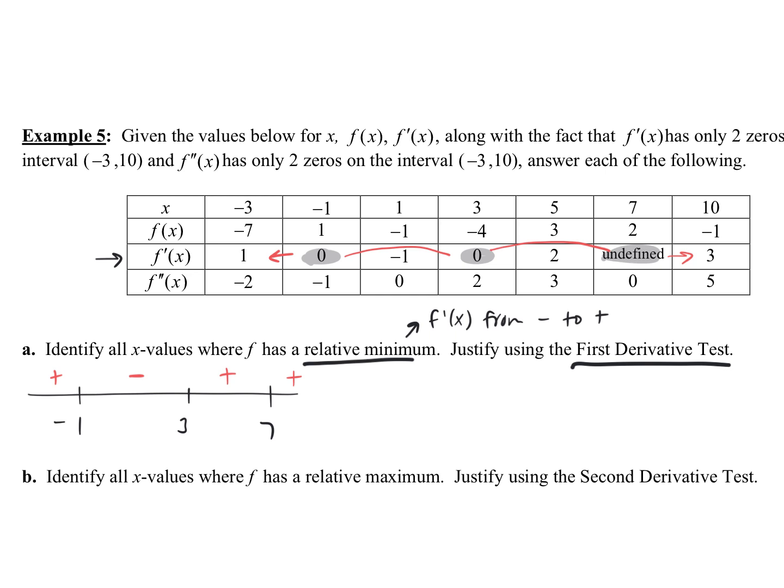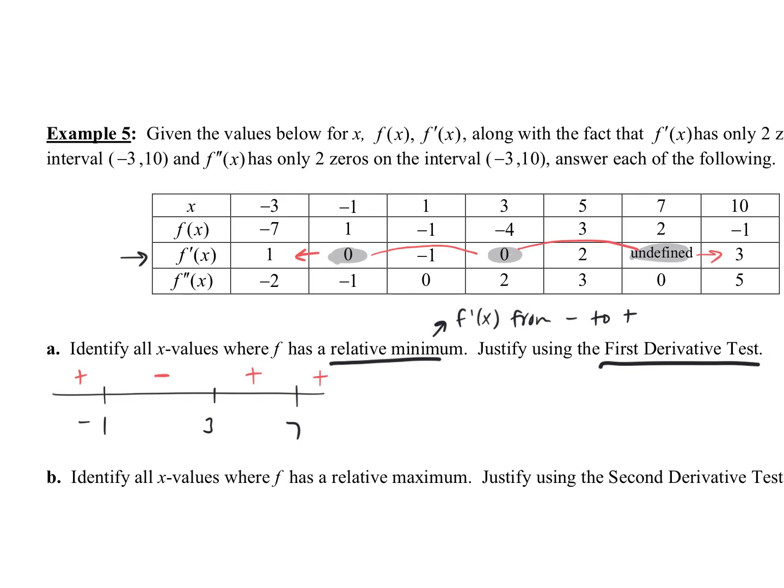Using our table, we just found the positive versus the negative of our first derivative. So now, using that idea, where is my derivative changing from negative to positive? What value of x? 3, okay? So this value at 3 is changing from negative to positive.